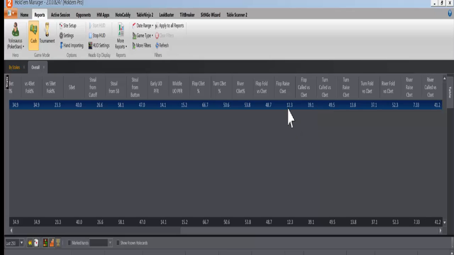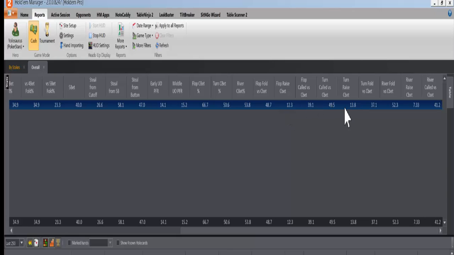High stakes players tend to have a raise of under 10%, but I think having a higher raise frequency is better for low stakes, because at higher stakes you need to so-called balance your ranges at different points. But here, a lot of the time, if your opponent is just c-betting 80%, 90%, you can just bluff raise a lot and force him off the hand, and they will not tend to fight back as often. So I like this number.